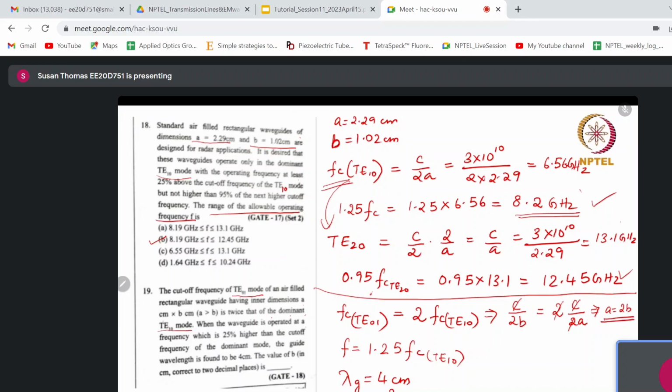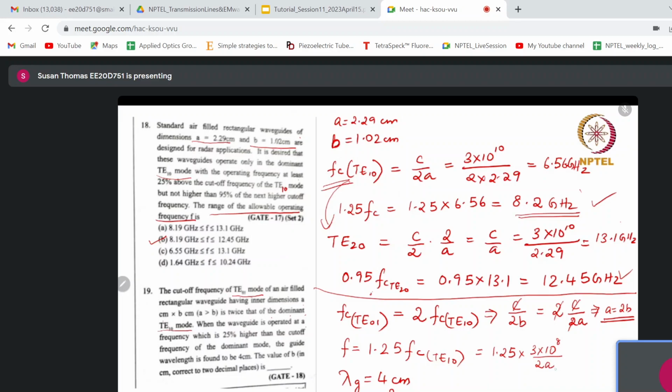Okay. Now the operating frequency f is 1.25 times Fc. So 1.25 Fc is 3 into 10 power 8 by 2a. So that will be the operating frequency.